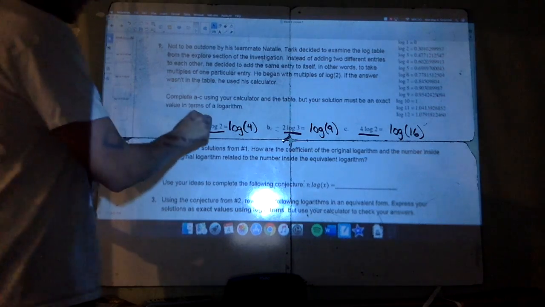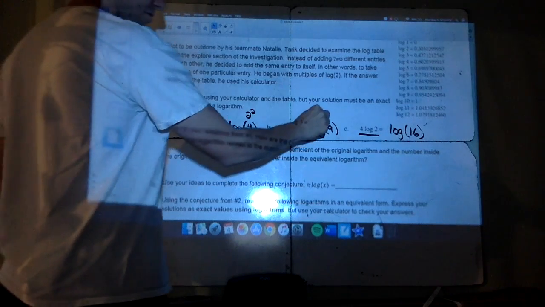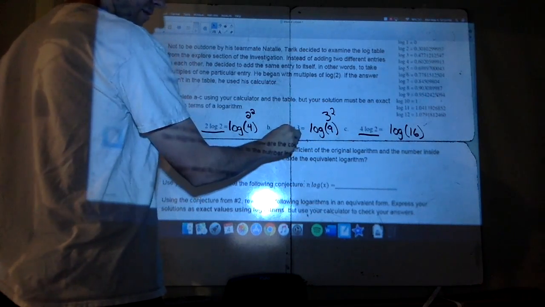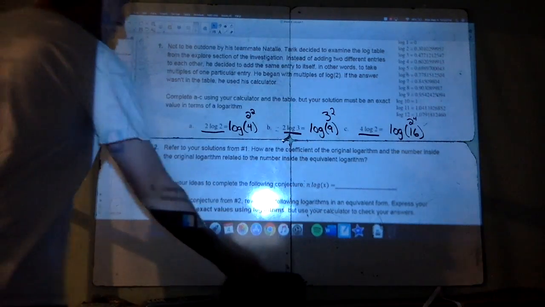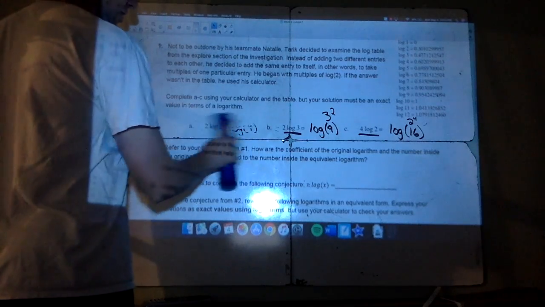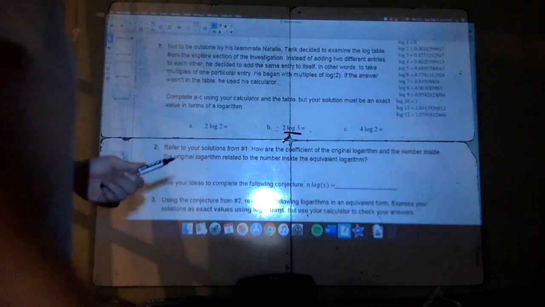So the pattern is, this is 2 to the second power. This is 3 to the second power, and this is 2 to the fourth power. So first we had our product, our multiplication rule. Now we have an exponent rule here.